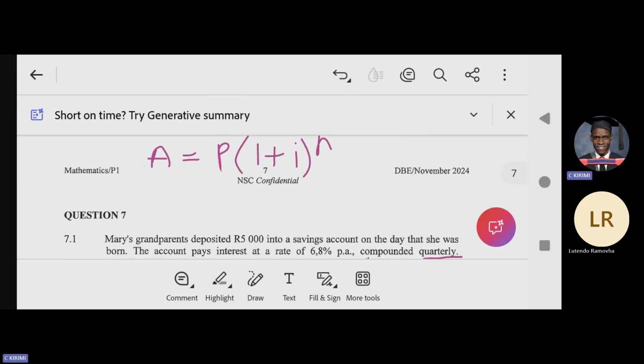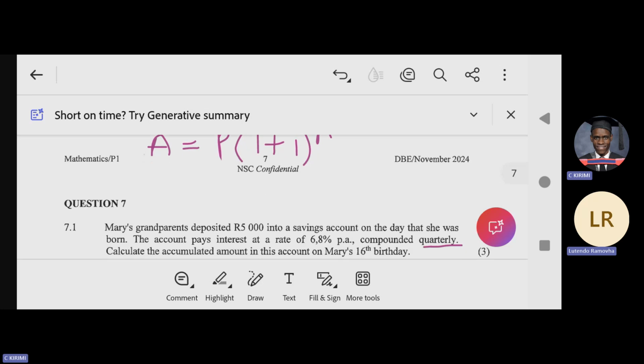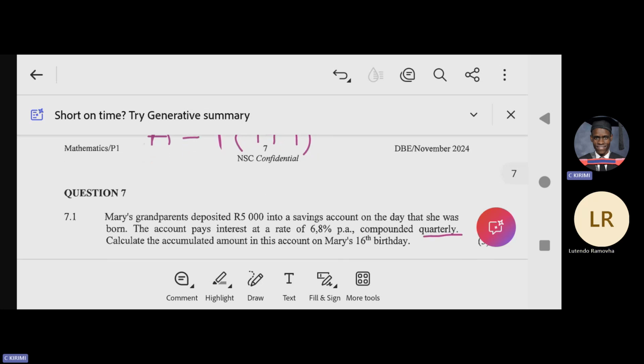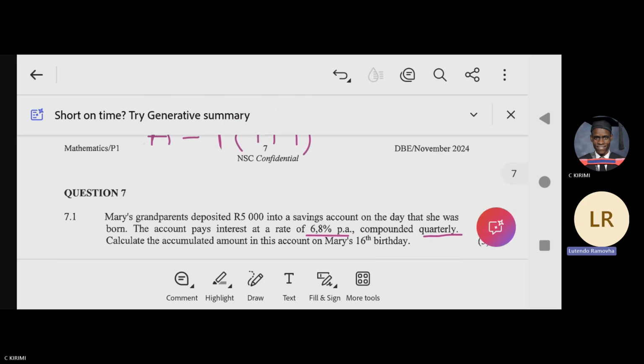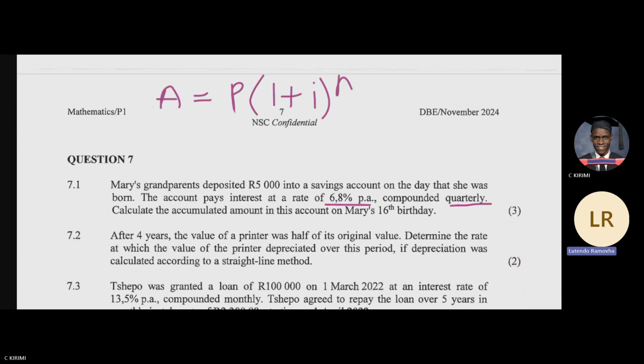Right. So now, here they are talking of annums and they are also talking of quarters, compounded quarterly, but the rate is given per annum, not per quarter. So what were you saying? So I was saying that we were going to first convert the 6.8% per annum to a decimal, which is 0.068.